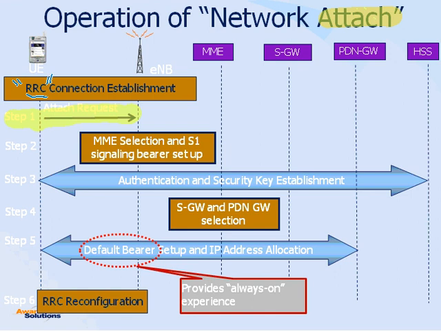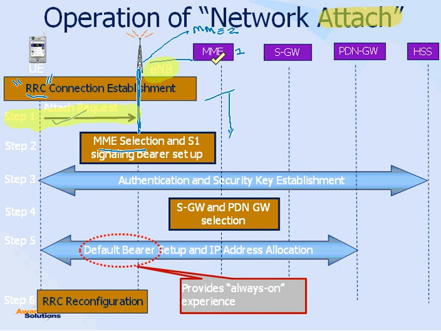Now we have the signaling connection between the UE and the eNode B, and we'll be able to reliably exchange the rest of the messages. So using the RRC connection, the UE sends a request. The eNode B says, okay, this UE is trying to contact the network, let me select a suitable MME, mobility management entity. So let's say we have this eNode B connected to MME1 and MME2. The eNode B has picked MME number 1.